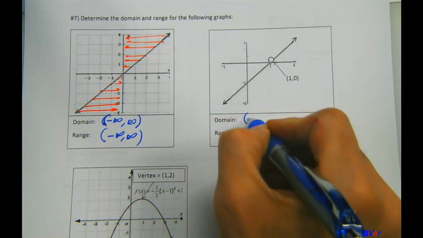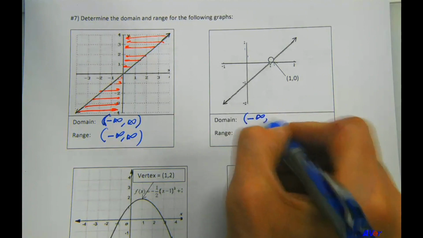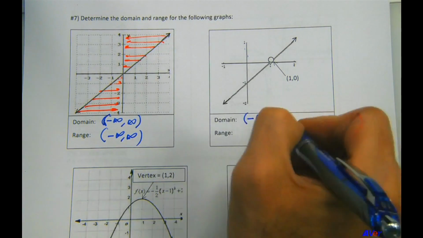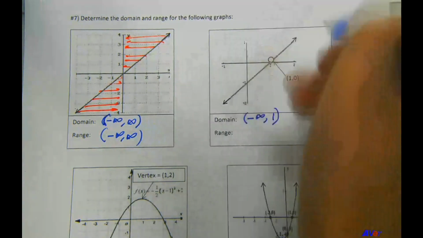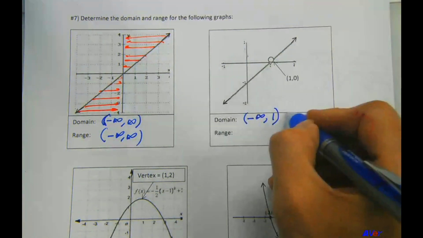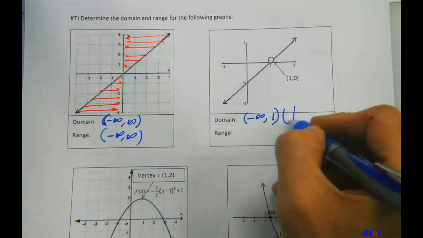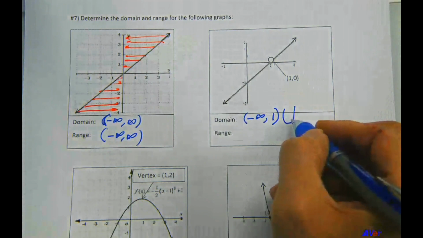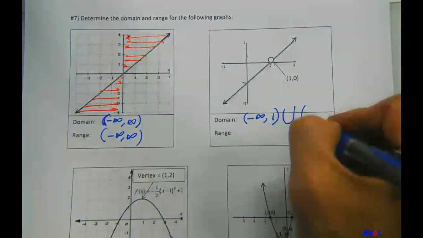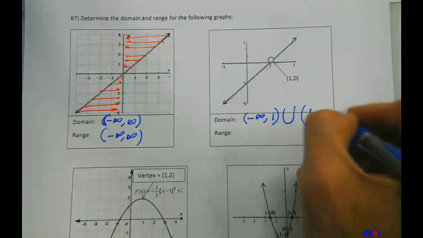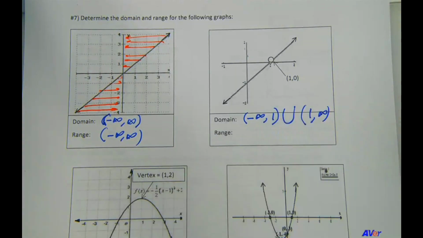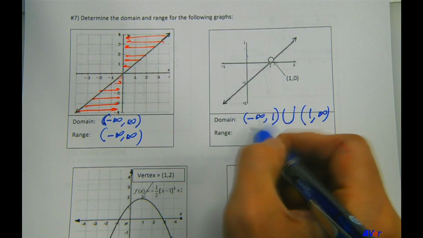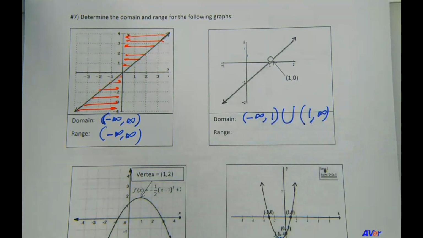We say negative infinity, comma, 1, parenthesis, to make sure to exclude 1, and then the other piece. So union. This is why we needed to remind ourselves what this symbol does. Union 1, comma, infinity. And we always write these intervals such that the smaller values are first and then the higher values.